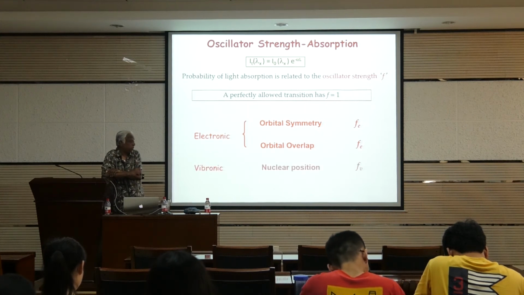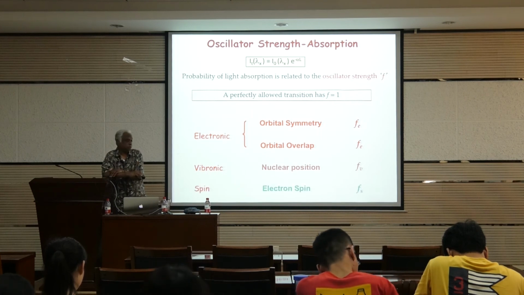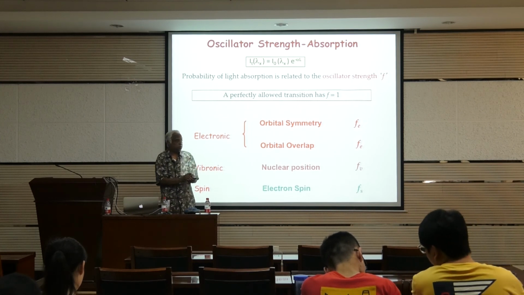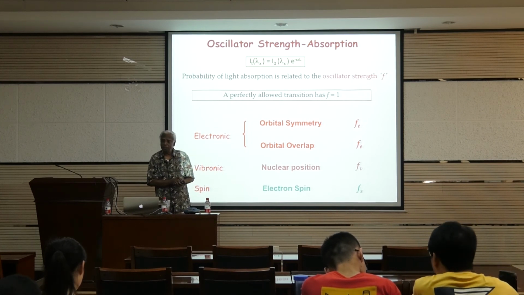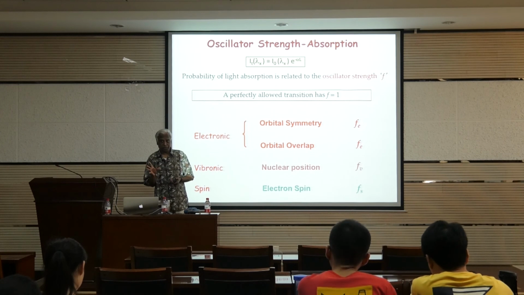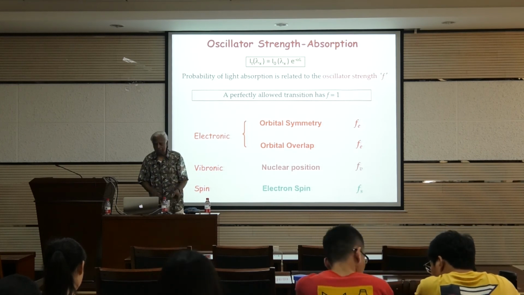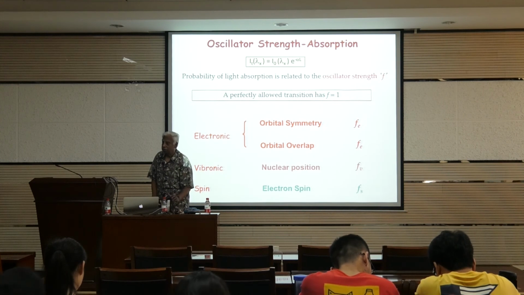The other one is going to depend upon the positions of the nuclei. And the last one is going to be dependent upon the spin. When the electron is going from one orbital to another orbital, if the spin has to change, then that particular transition is going to be very weak.